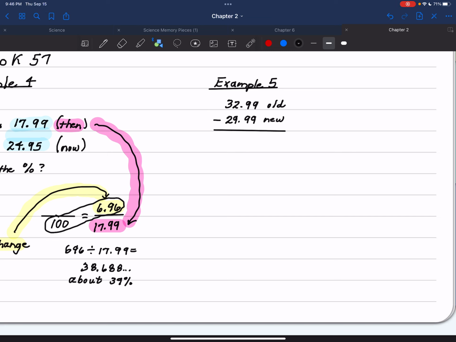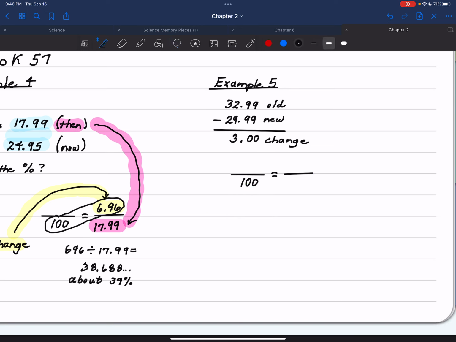Well, the first step is always to subtract. You have to find out what the change is. And in this case, I believe it's $3. So this is the change. And you are ready to set up your proportion.